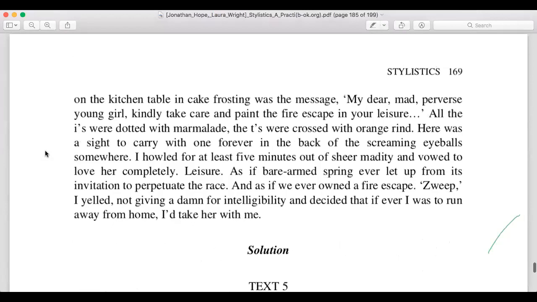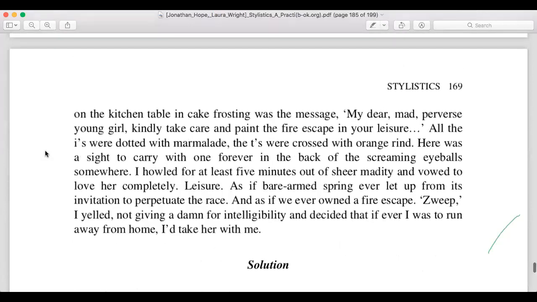Written on the kitchen table in cake frosting was the message, my dear, mad, perverse young girl, can you take care and paint the fire escape in your leisure? All these were dotted with marmalade, and these were crossed with orange ring. Here was a sight to carry with one forever in the back of the screaming eyeballs somewhere.